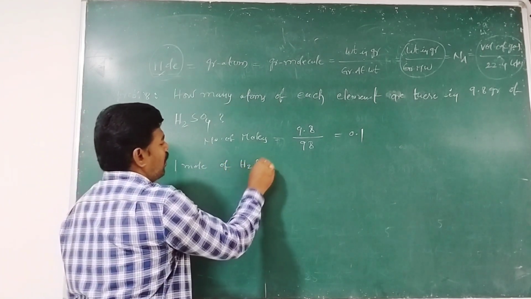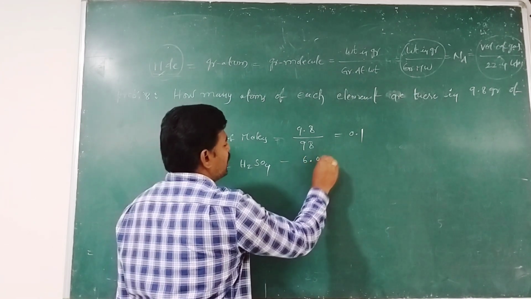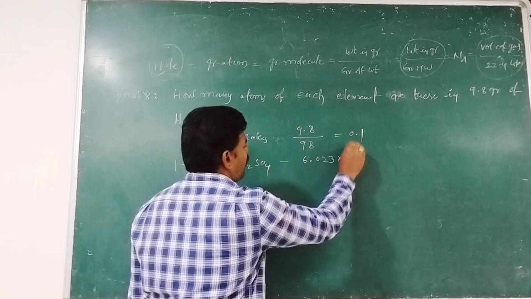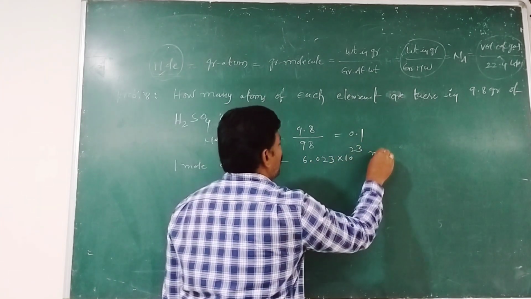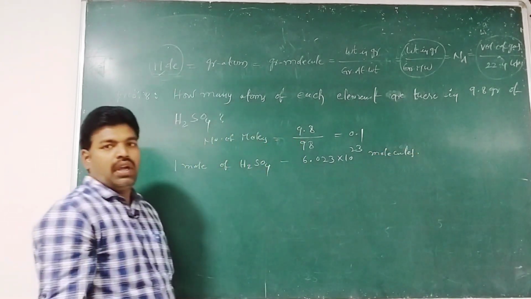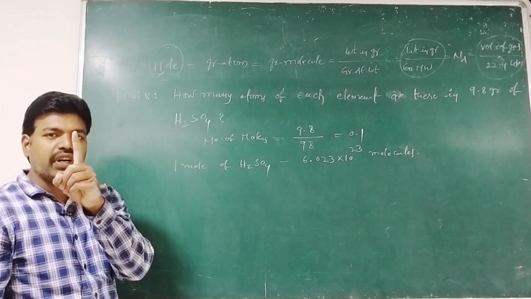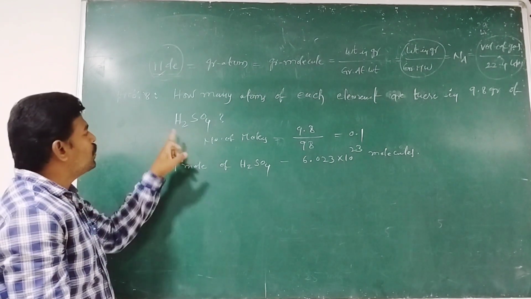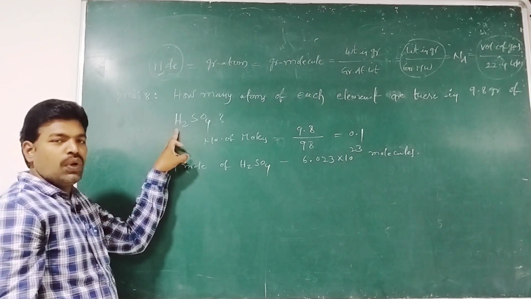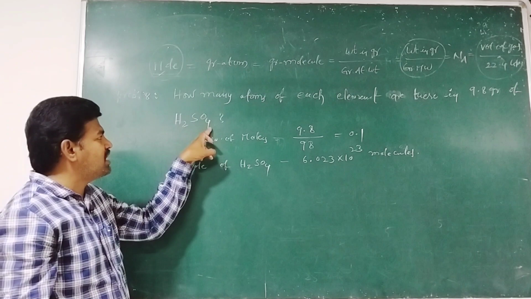And we know that 1 mole of H2SO4 contains 6.023 into 10 to the power of 23 molecules. And 1 molecule of H2SO4 contains 2 hydrogen atoms, 1 sulfur atom and 4 oxygen atoms.